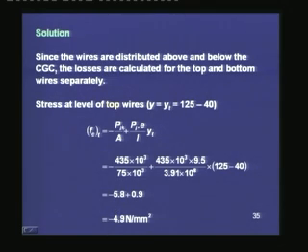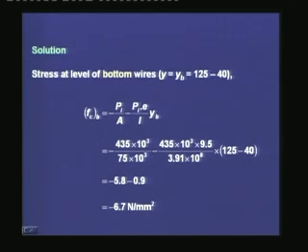That means we are calculating the stress which is the uniform term, it's the first one, and the second one is the varying term which comes due to the eccentricity of the prestressing force. The stress at the level of the top wires is minus 4.9 Newton per millimeter square. We are using a negative value for a compressive stress.